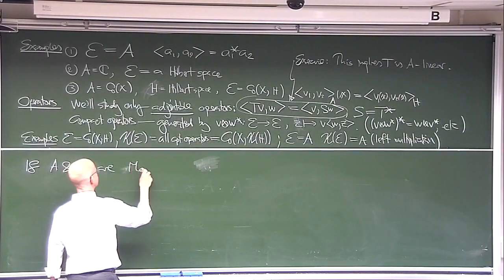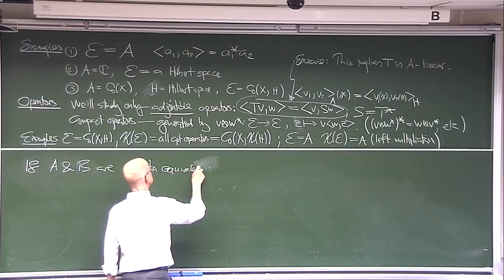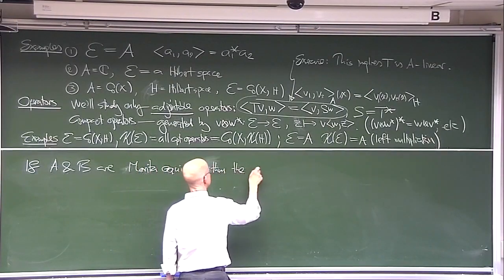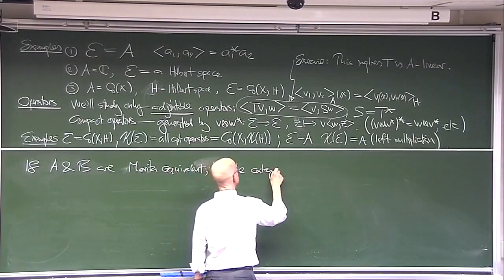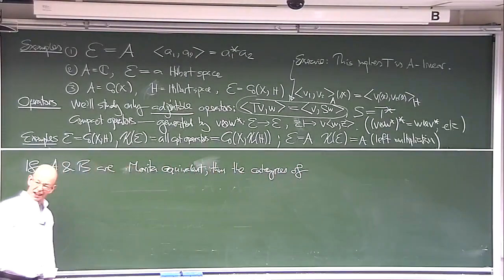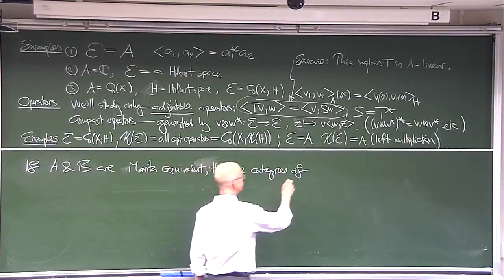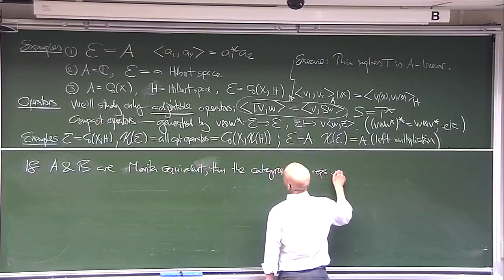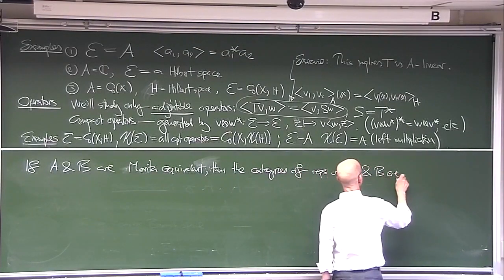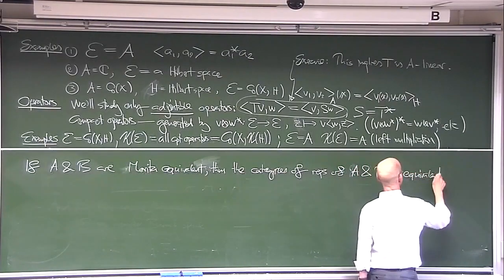I have a couple of C-star algebras which are Morita equivalent. Then they have exactly the same representation theory. The categories of representations of A and B are equivalent. They have the same representations, same irreducible representations.